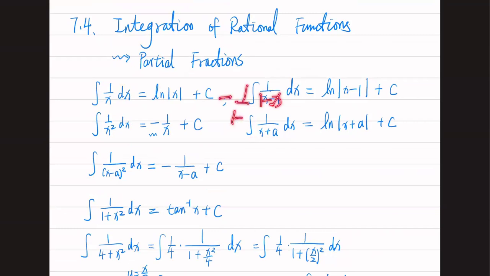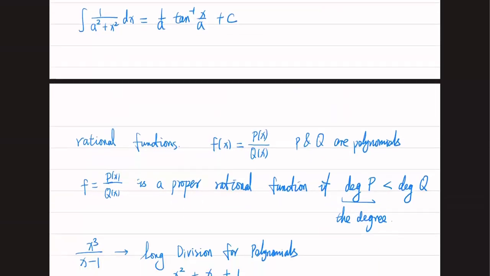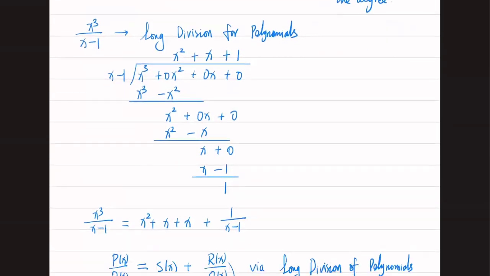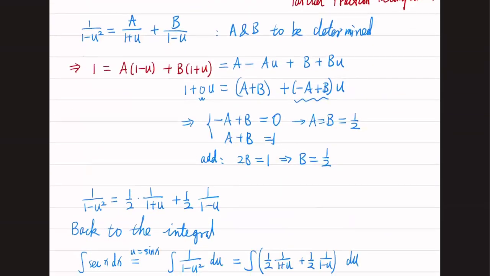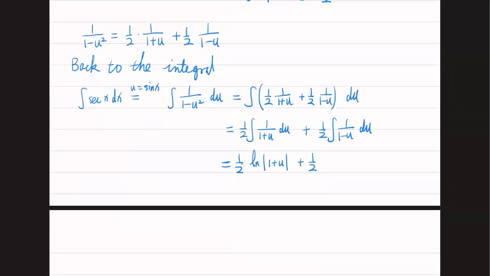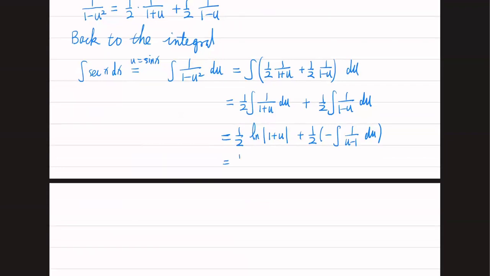Let's go back to there. To finish this integral, this is the negative of 1/2 times the integral of 1 over u minus 1 du. Now it's in the correct setup. So we have 1/2 ln of the absolute value of 1 plus u, minus 1/2 ln of the absolute value of u minus 1.